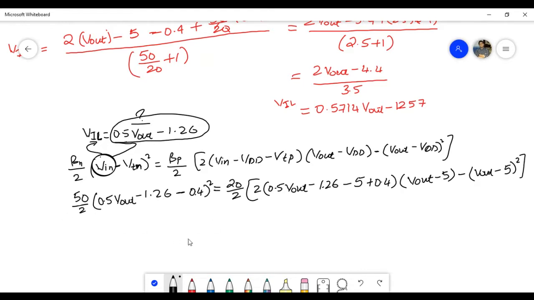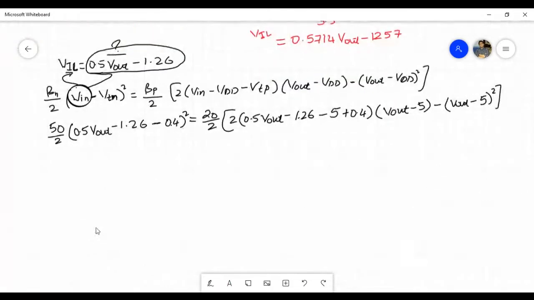So let us solve the two terms separately, to avoid confusion.